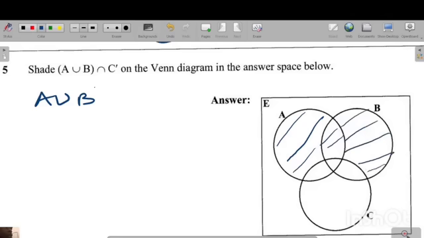Now, because they are saying intersect C complement, it means you need to shade A union B and then subtract the set C, meaning set C should not be shaded in any way. So A union B intersect C complement will just be this. If you shade here, it means you've shaded the part of the C, which is contradicting with this. If you shade here, again, it will contradict that.